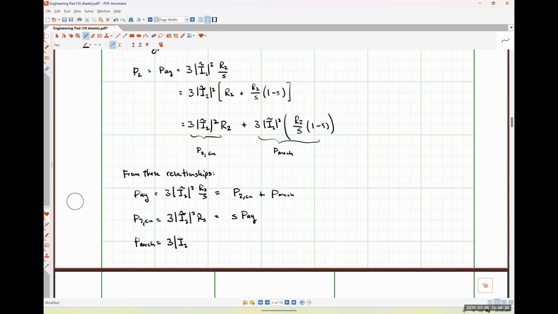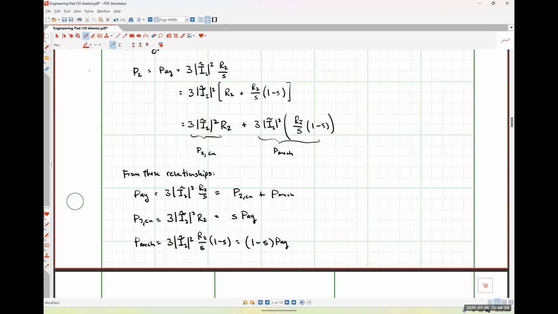And then our mechanical power, three times the magnitude of I2 squared times R2, excuse me, that S should have been an R2. My apologies. And this should also be an R2 times 1 minus S. This is just the same as 1 minus S multiplied by our air gap power.